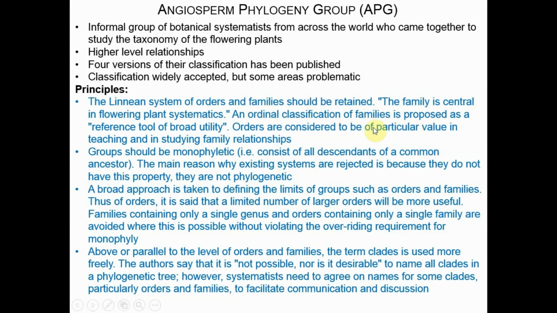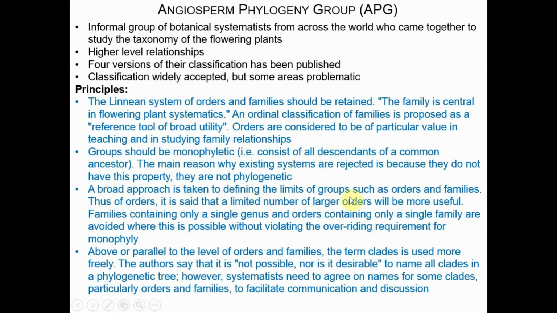And an ordinal classification of families is proposed as a reference tool of broad utility, and the orders are considered to be of practical value in teaching and in studying family relationships. Groups are monophyletic, as with the phylogenetic and cladistic criteria.